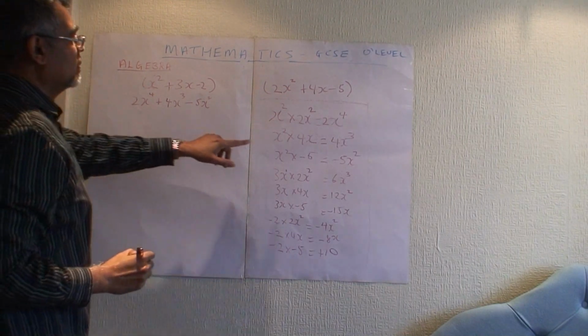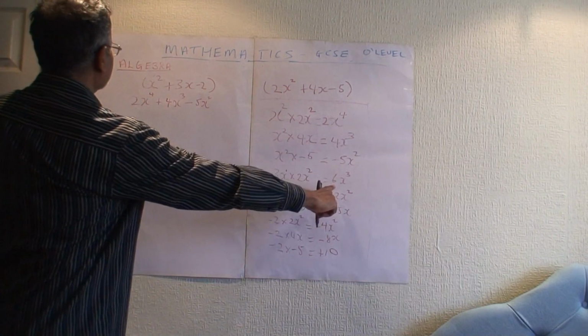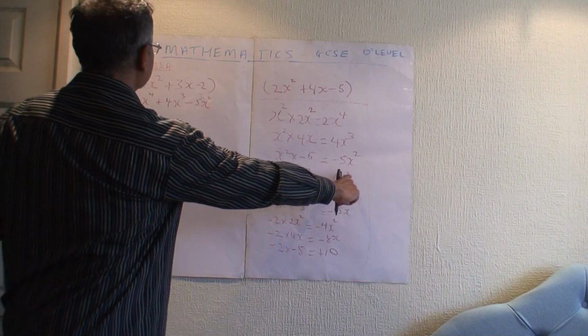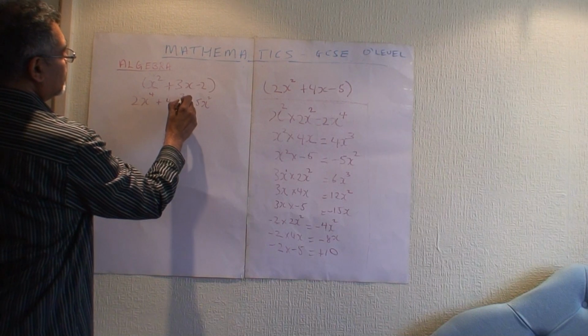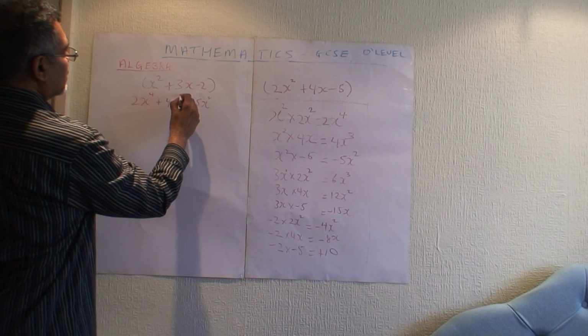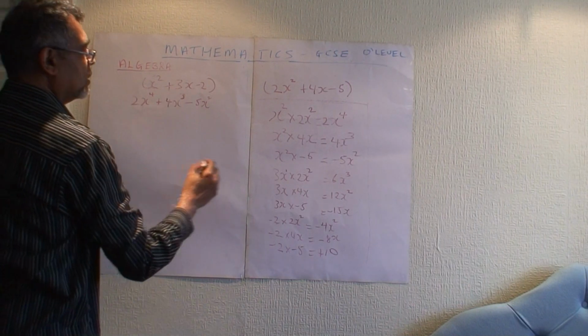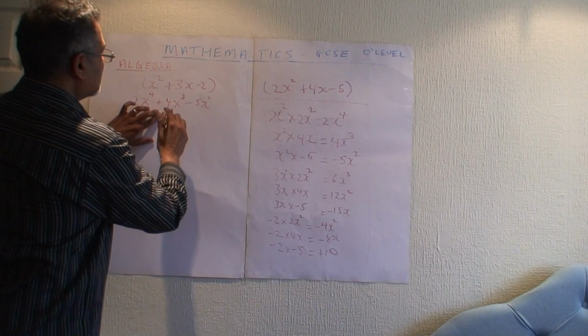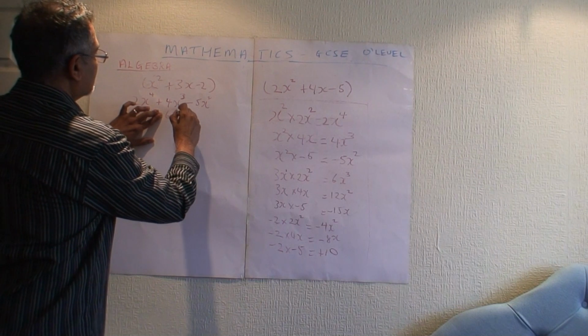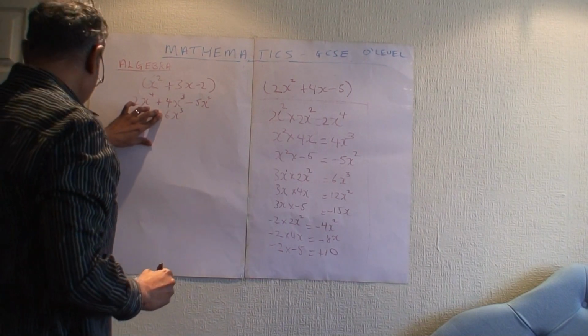Now we have 6x cubed. We put it here because this is also the 3rd power, to make it easier.